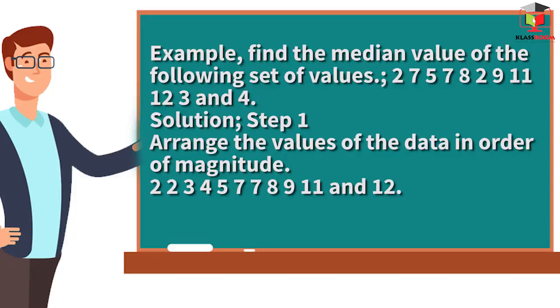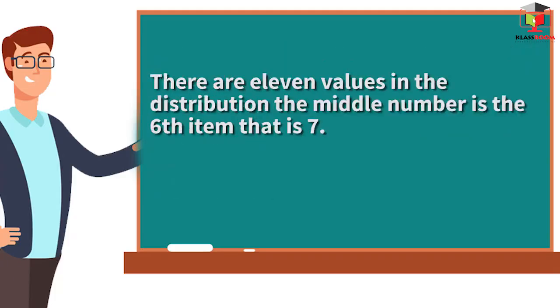Solution. Step 1. Arrange the values of the data in order of magnitude. Thus, 2, 2, 3, 4, 5, 7, 7, 8, 9, 11, and 12. There are 11 values in the distribution. The middle number is the 6th item, that is 7.